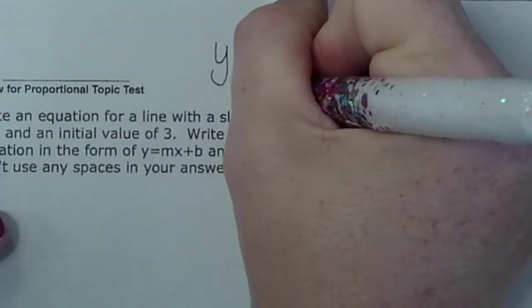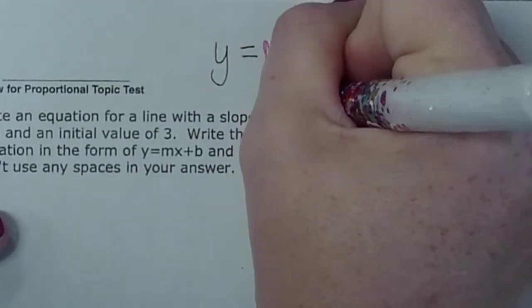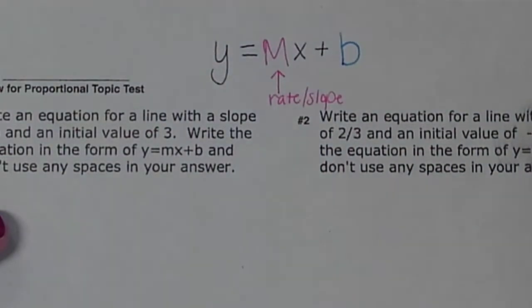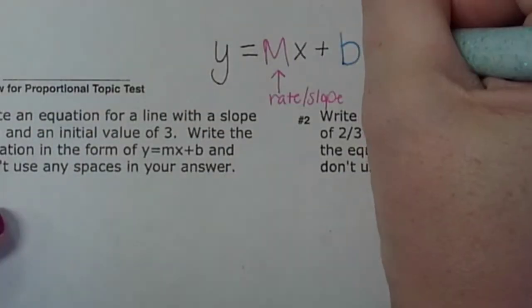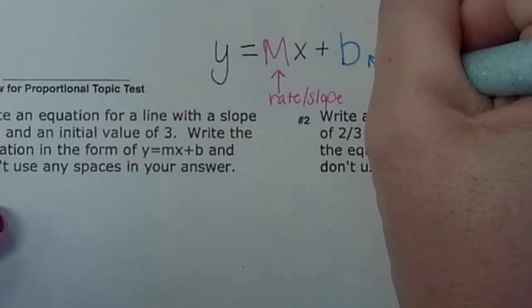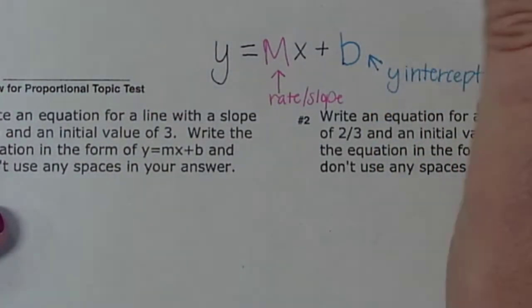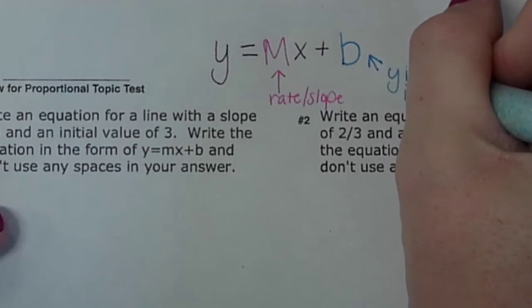So this is our rate slash slope. And then the b is your y-intercept or your initial value.